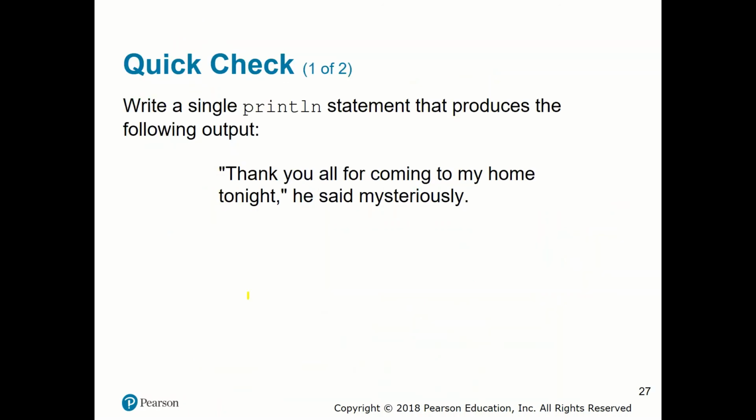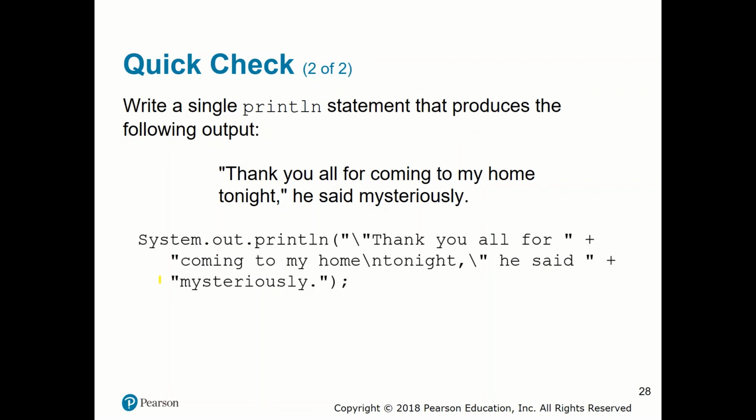This is the final quick check in this section. Write a single print statement that produces the following output. How can you do that? So you have a double quote, okay, and then you need enter here. You need enter here. So sample code is like this.